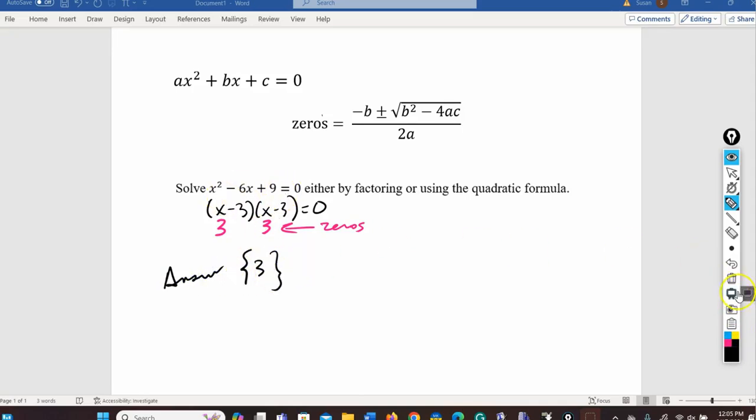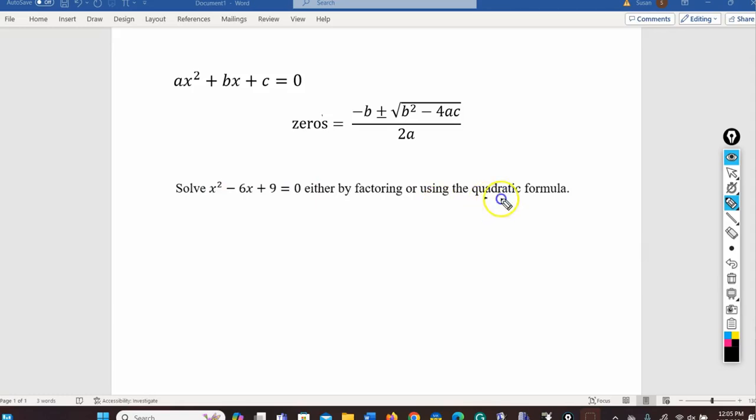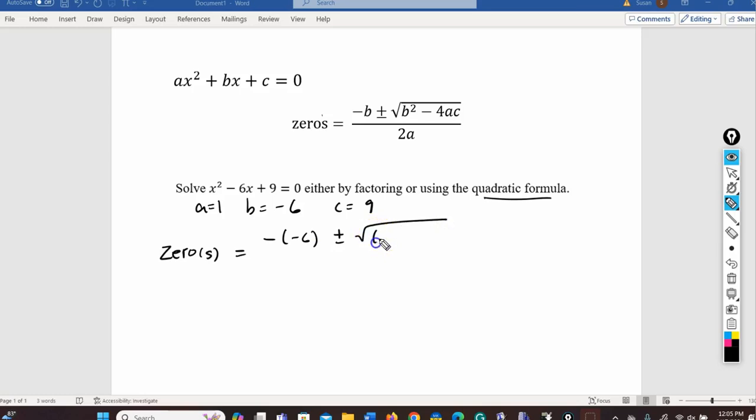That is the 0. Now, what if I use the quadratic formula? Well, a is 1, b is equal to negative 6, and c is equal to positive 9. So the zeros are going to be negative b plus or minus the square root of b squared minus 4 times a times c all over 2 times a.